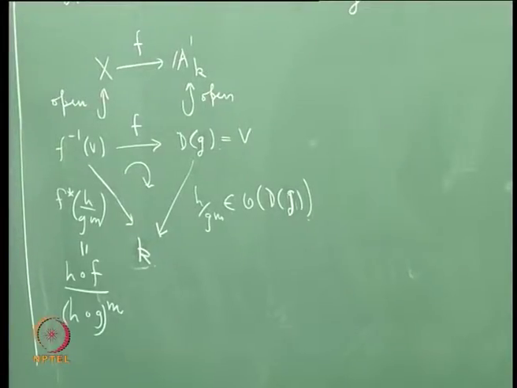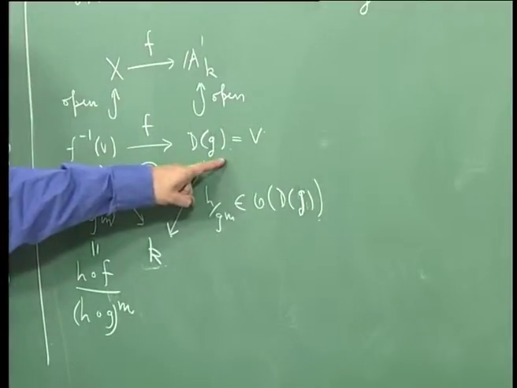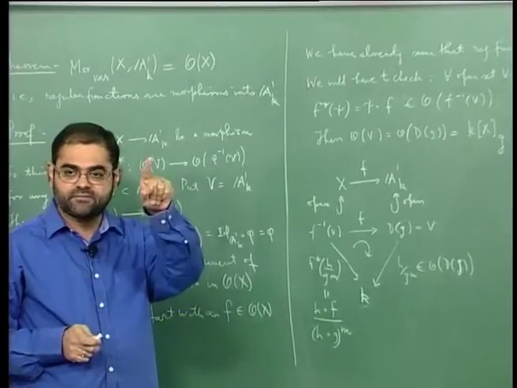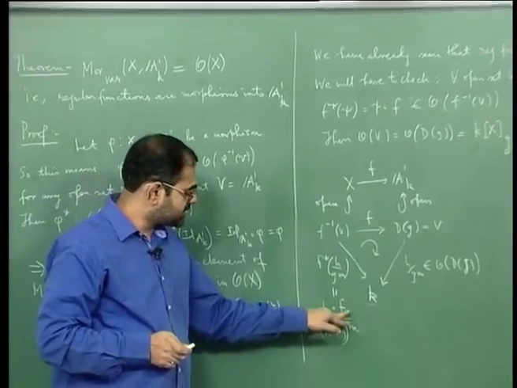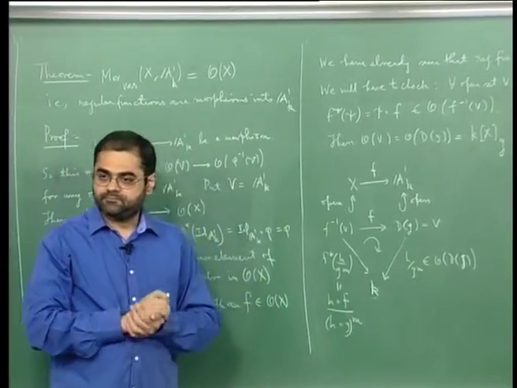If you take an x here, it will go to f(x), and when you evaluate h by G power m on f(x), you will get h of f(x) by G to the m of f(x). So effectively this is h circle f by h circle G, to the power m.